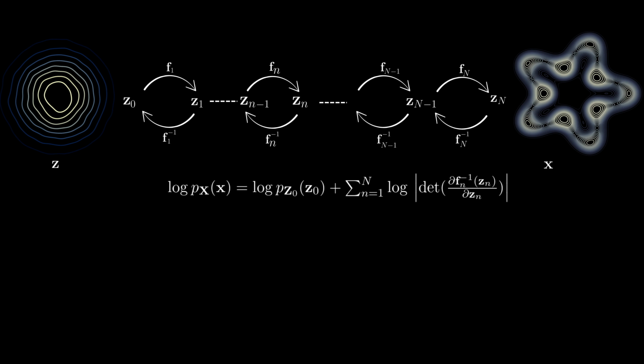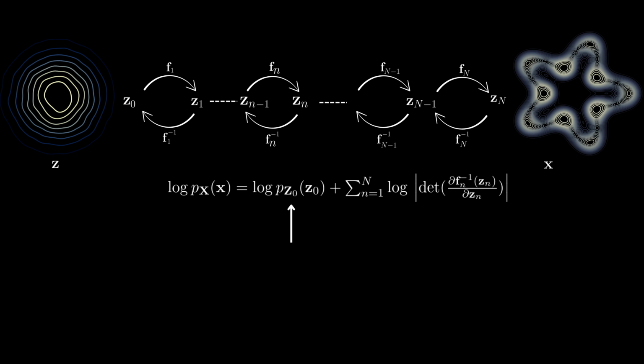Since we want to have the model assign high likelihood to the data points, we simply feed the data point to our neural network layers and keep track of the summation of these log determinant terms and also the final Z0 latent that our network ended up computing for the given data point.